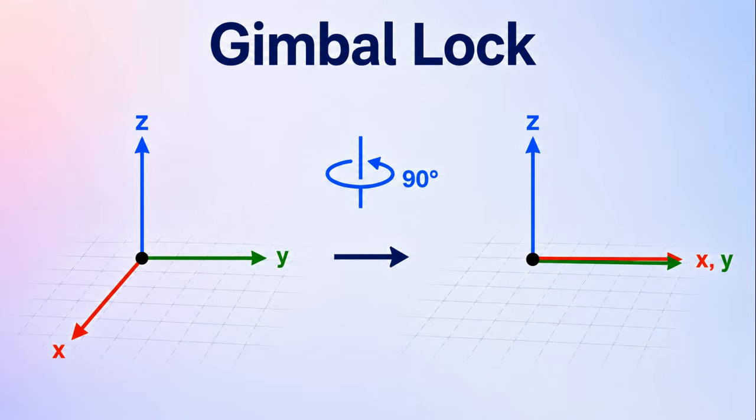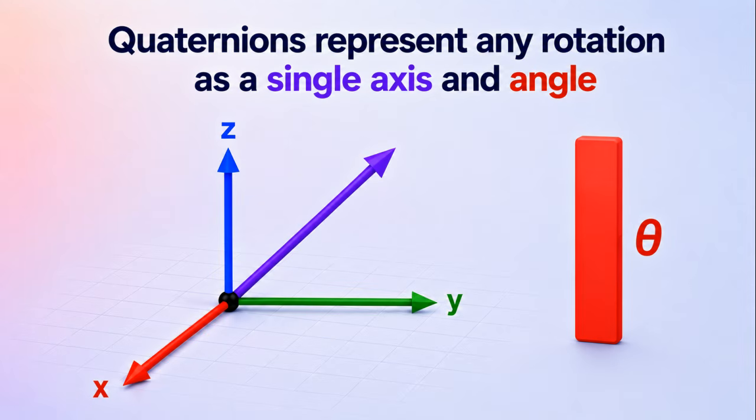One way of preventing gimbal lock is to rotate all axes simultaneously, although this would make rotation about any given axis more complex and expensive. Quaternions avoid gimbal lock by representing any rotation as a single axis and angle rather than a sequence of rotations around individual axes.